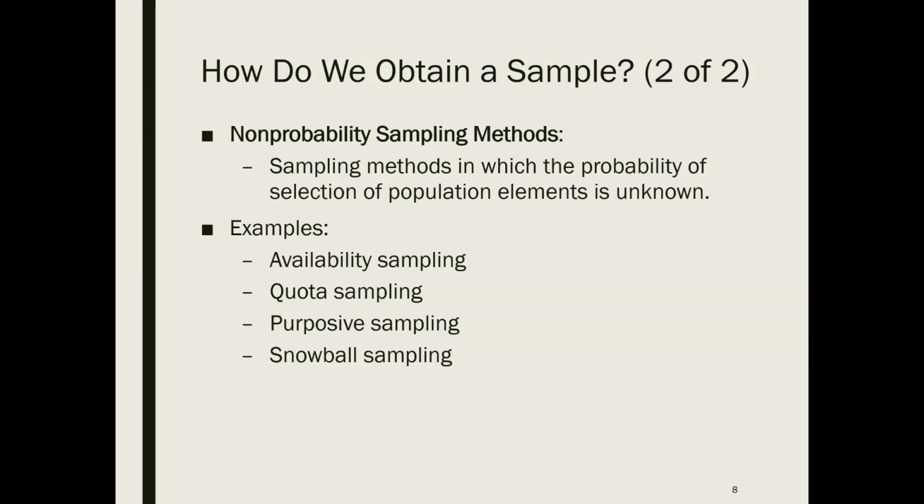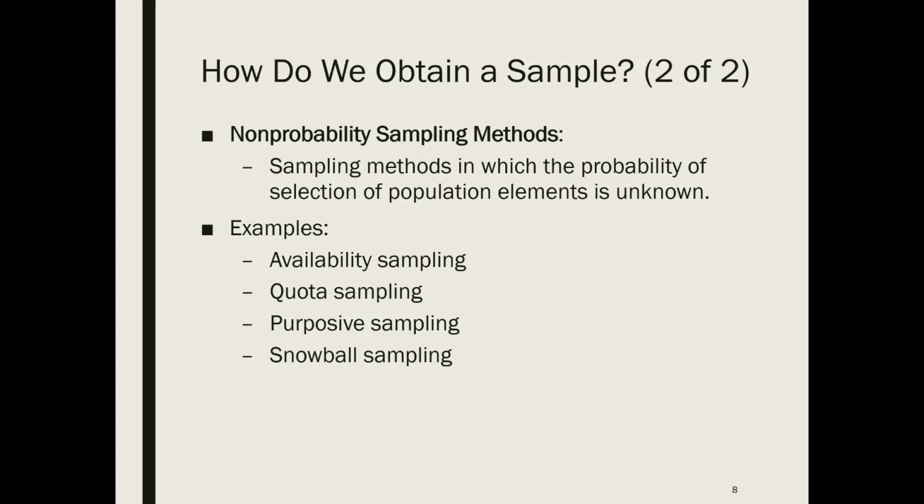We also have non-probability sampling. This is often seen in qualitative research, like interviews or focus groups. The classic examples are purposive sampling and snowball sampling.